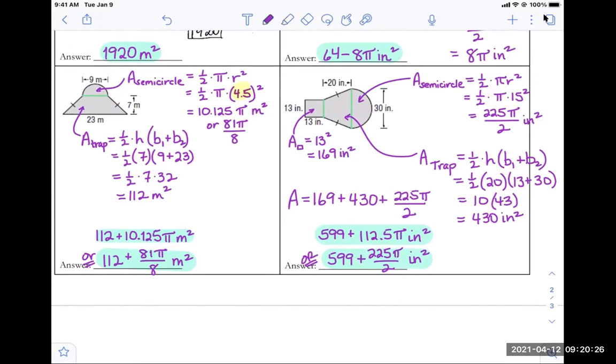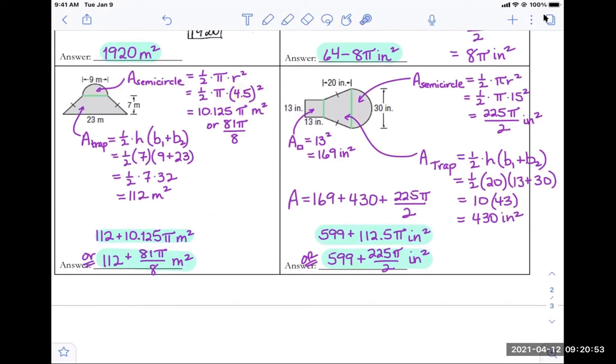My preference is typically to leave it in fraction form, but it's not wrong to put it as a decimal because 81/8 is exactly the same thing as 10.125. Just like you could put a radical with a decimal in front of it, you can put a decimal with pi, but you shouldn't do that unless it's exactly the same as the fraction form. Do not round.